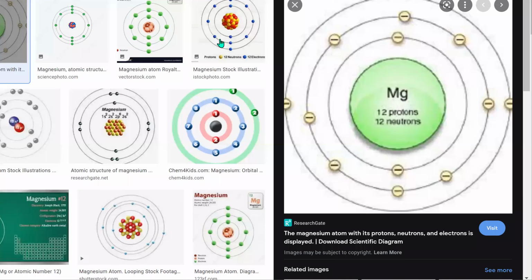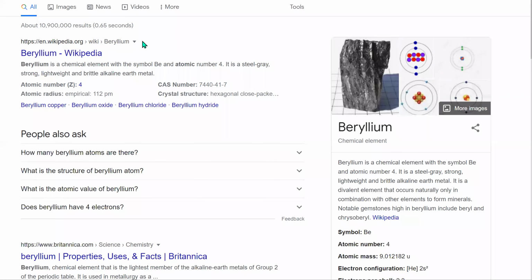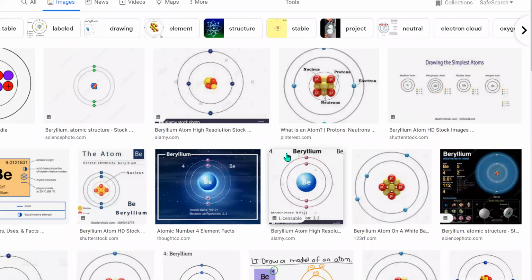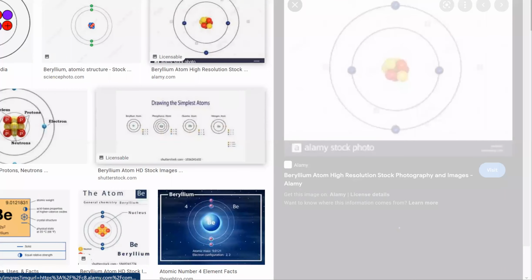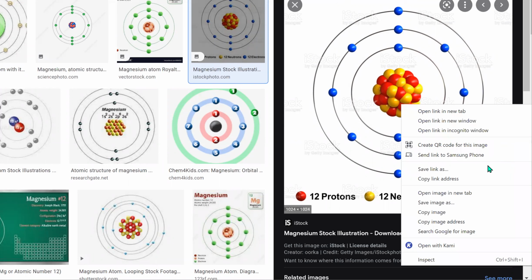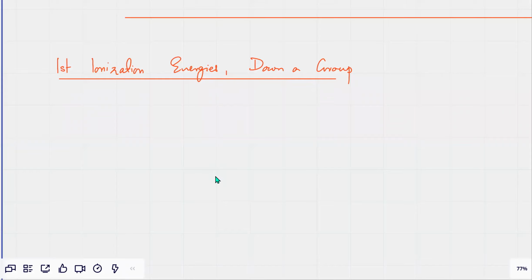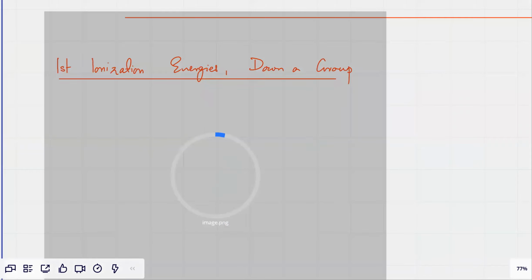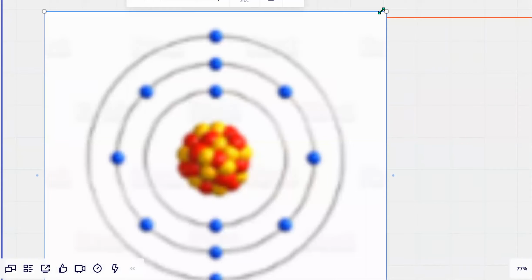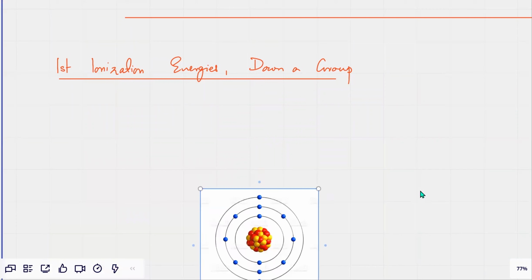So let me just copy those atoms very quickly. So we've got a beryllium atom as well, and I think it's this one. Anyway, I'm going to copy this. This is magnesium. So that's the first one, magnesium.